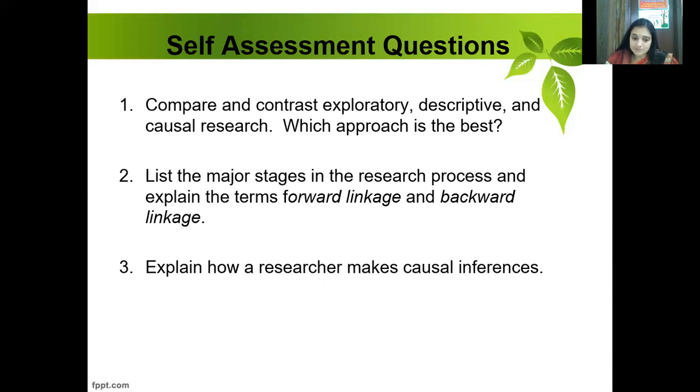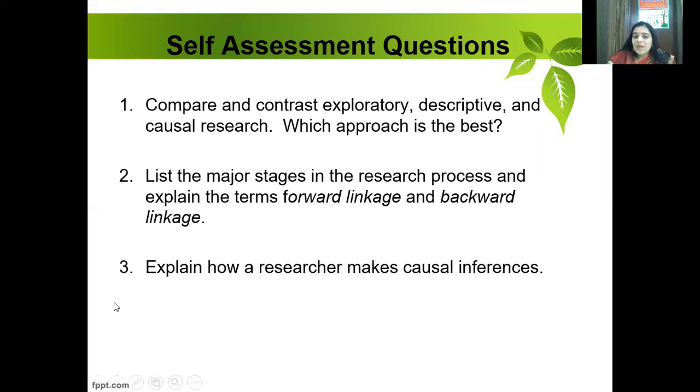For example, you are analyzing the data with the help of computers, and some coding is required. So that coding is to be done at the time of data collection, so as to face minimum problems while analyzing the data. That is called backward linkage, when you have to decide a few things at backward steps.